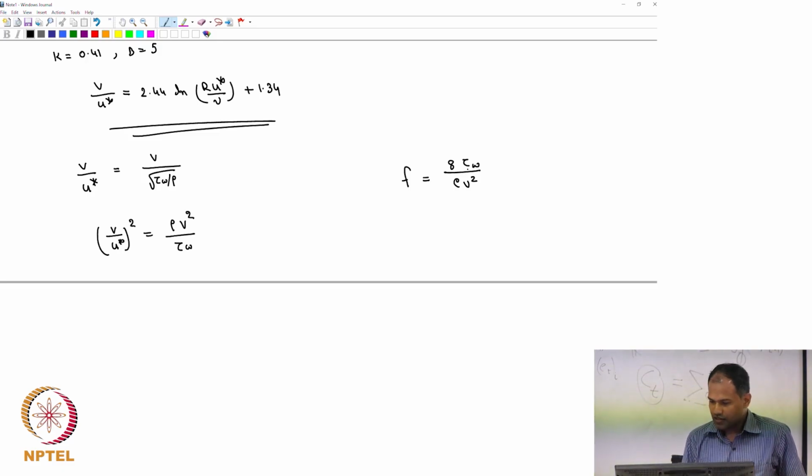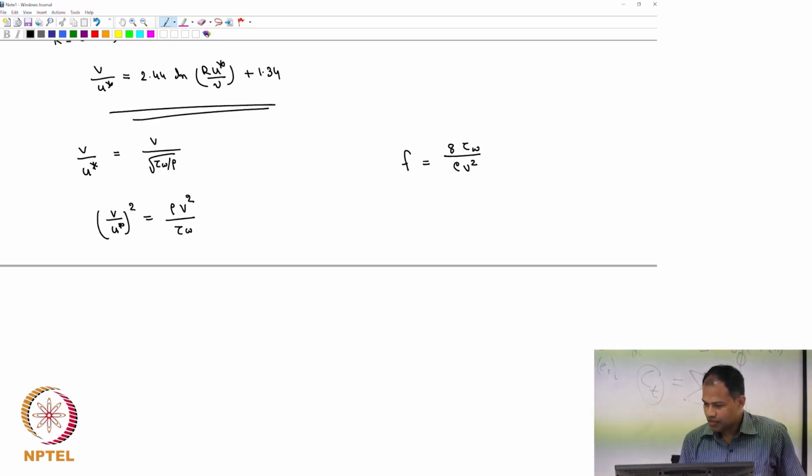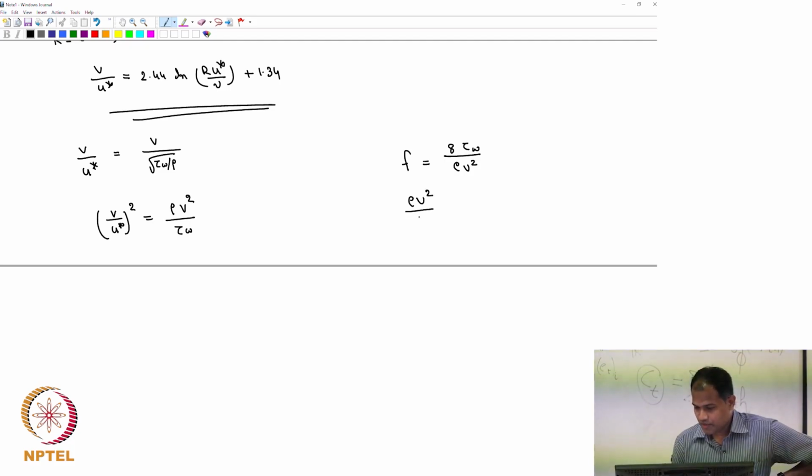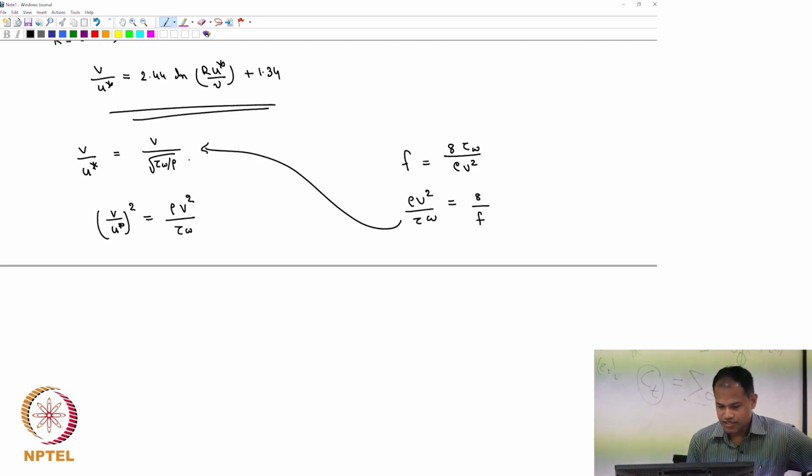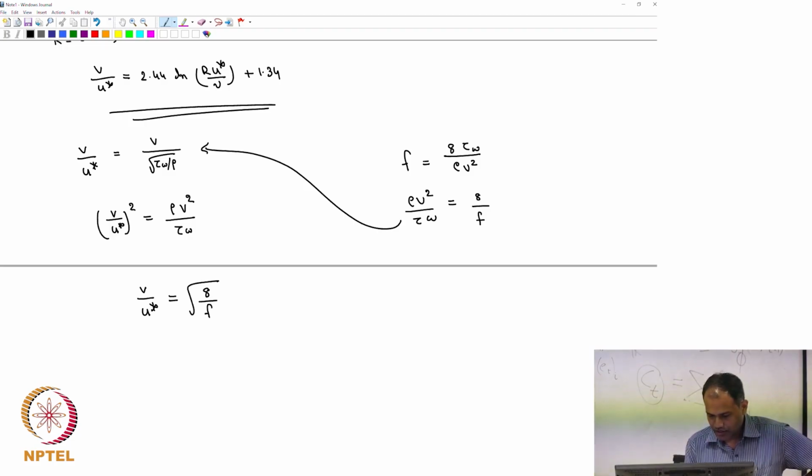So that means rho V square divided by tau W is equal to 8 by f. Right? So I can directly write down a relation: V by u star is equal to square root of 8 by f. Agreed?